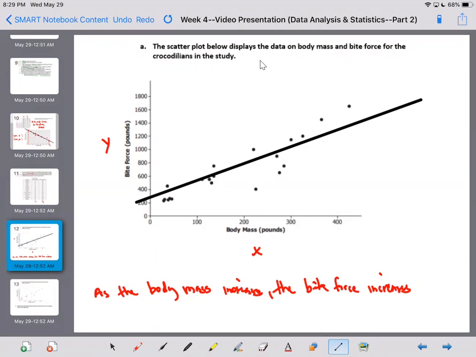If you said, well, what would a 175-pound crocodilian's bite force be? Well, the bite force would be somewhere around 600 pounds approximately. If there was a 500-pound crocodilian, we would see that that bite force would be somewhere around 1,400 to 1,500 pounds.